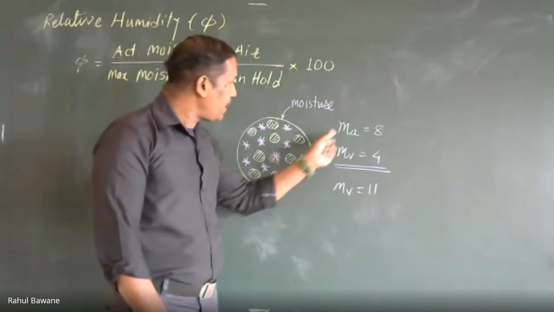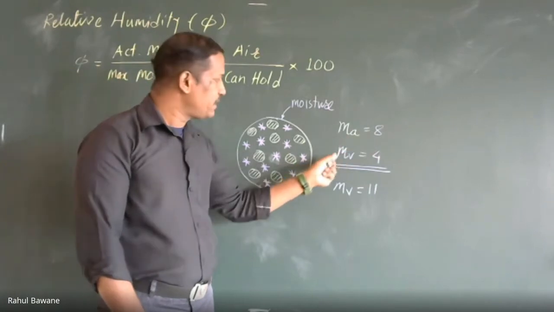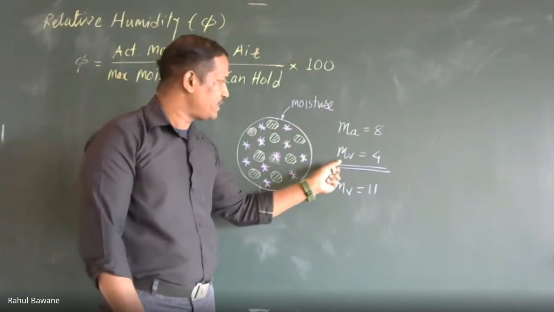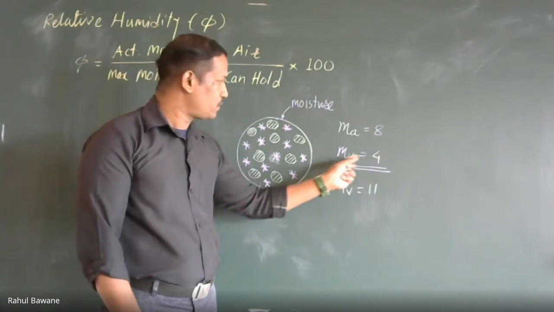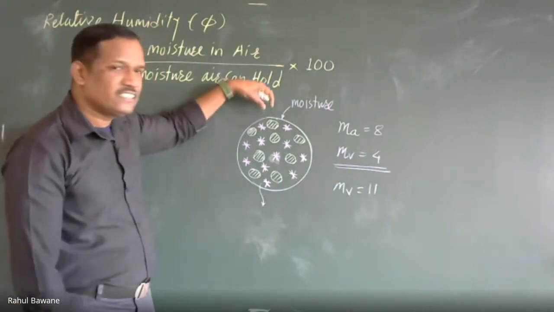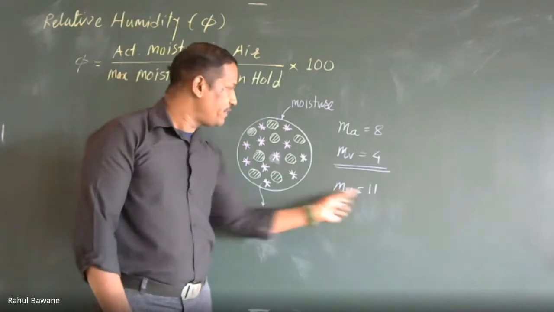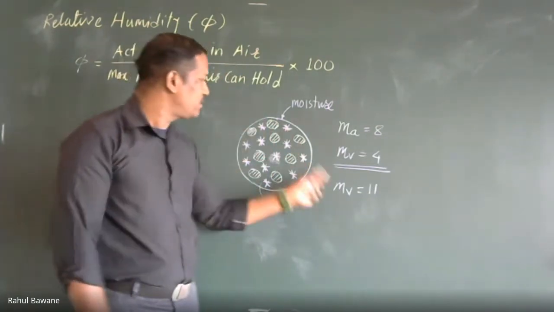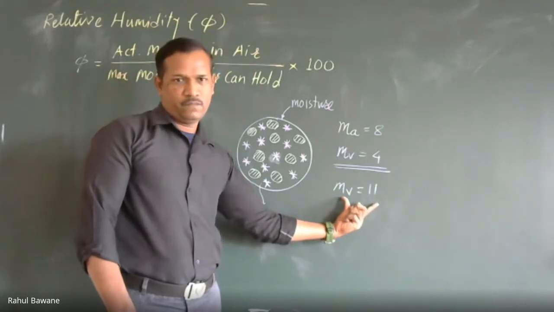Mass of dry air is 8. At the beginning, when I measured, mass of water vapor was only 4. That is the actual water vapor contained in this dry air. But when I go on increasing the moisture, I observe when moisture becomes 11, it gets saturated. That means this air can hold only a maximum of 11 water vapor.